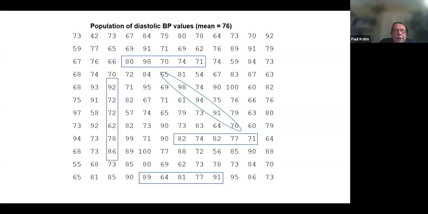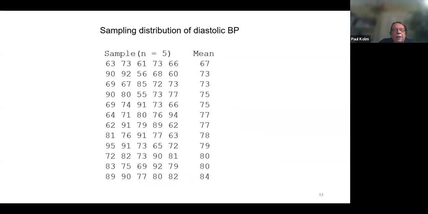We could keep going here, but basically what we get is what we call a sampling distribution. When we talk about a sampling distribution, we're talking about a distribution of statistics, in this case, the mean. So we have a number of random samples that we've drawn and calculated the mean for, and then we can order the means from the lowest to the highest, and this is our sampling distribution.